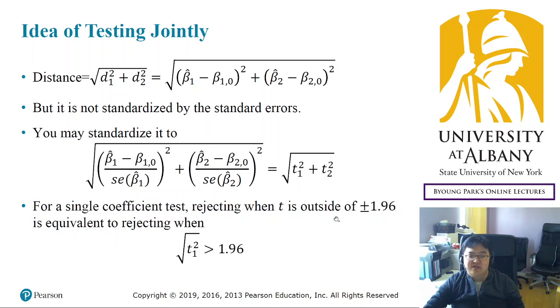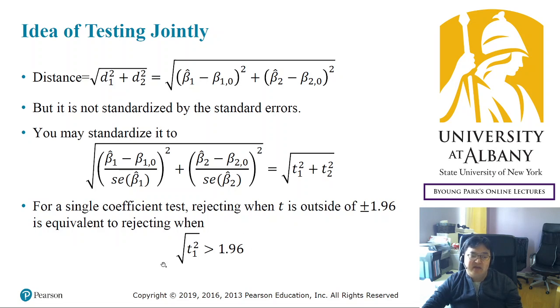This condition, outside plus or minus 1.96, can be written this way. We have to consider plus and minus because it is one-dimensional. There are two sides. However, in this distance, there is no negative sign. So if you consider the distance in one dimension, it becomes this condition.